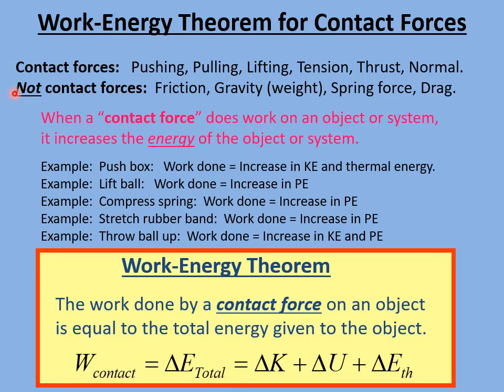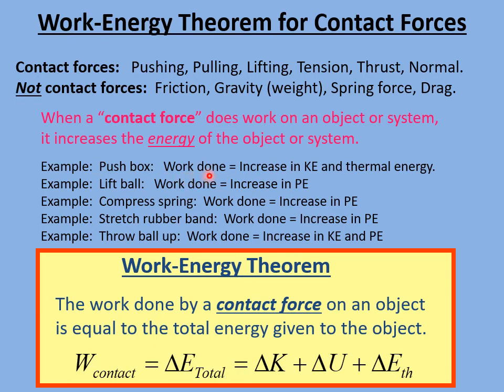So now that we've clarified between the two types of forces, when a contact force does work on an object or system, it increases the energy of the object or system. Let's do a couple of thought experiments, just some conceptual examples. Imagine that you push a box across a table. You slide it across the table by pushing on it.